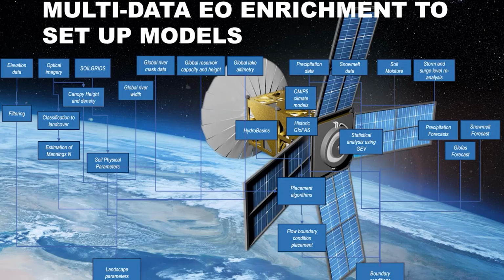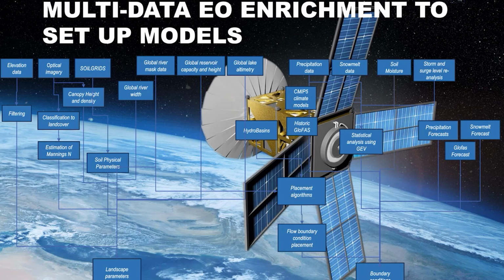I mentioned this already. So mostly there's a whole collection of global data sets that ends up going into this. Just to highlight a couple that are interesting to talk about. For elevation, we use Copernicus 30 as the background layer with our own filter on top to remove buildings and vegetation.